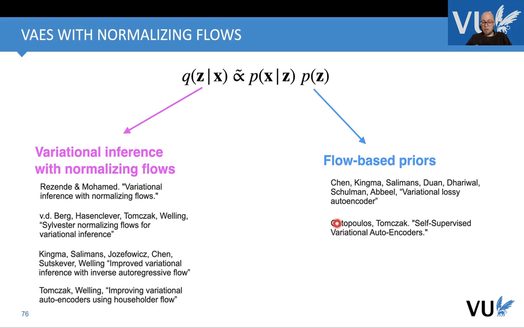But very recently, with a great master student of mine, Yannis Katopoulos, we also used RealNVP for the prior as a small component of a bigger project, and we also got way better scores, way nicer generations. So please remember that these models could be combined together to get something more powerful.